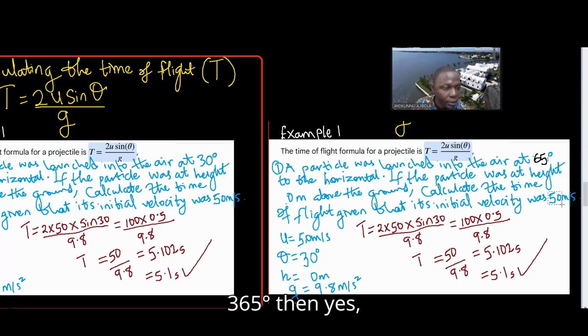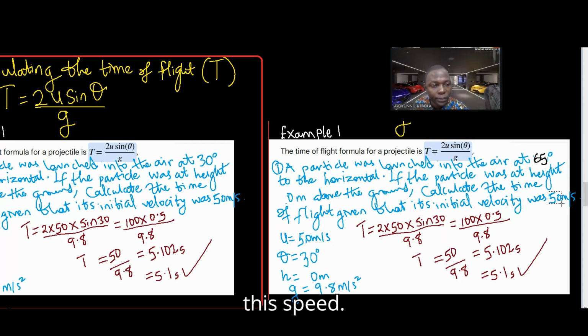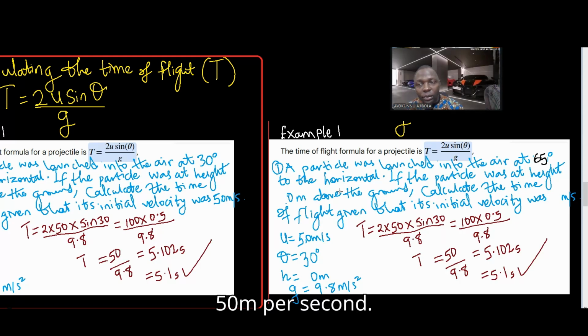Then the speed, which was 50 meters per second, I want to change to 70 meters per second, okay?